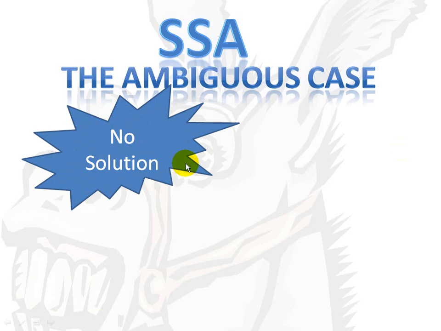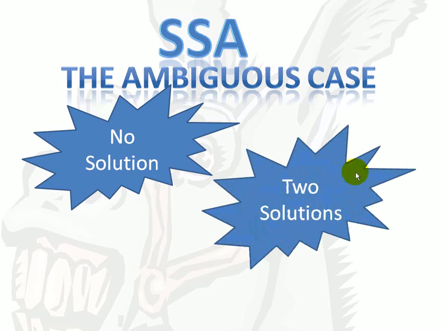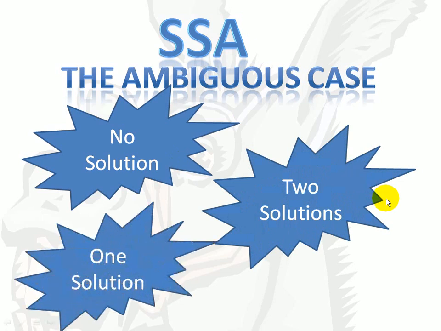In other words, you may have no solution. There may be no triangle that fits the information that you're given. On the other hand, you may have two triangles that will work as solutions, or you may have one solution. So it's ambiguous. So you need to be aware of this.